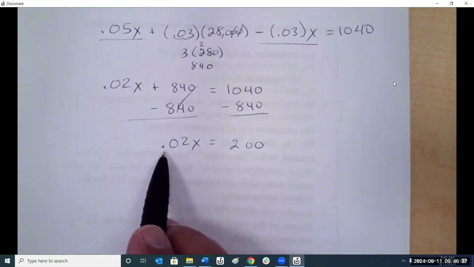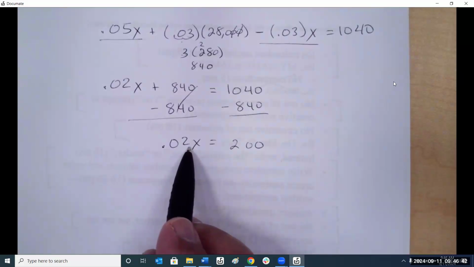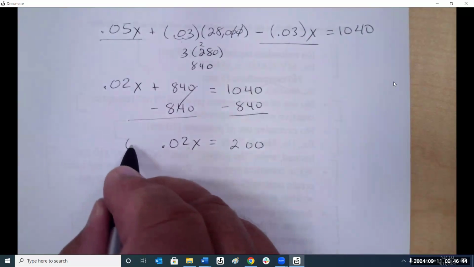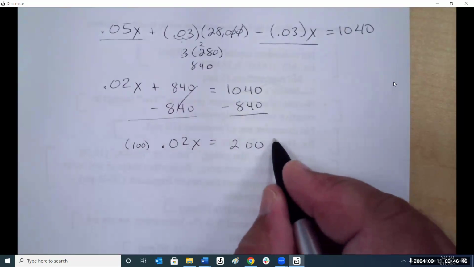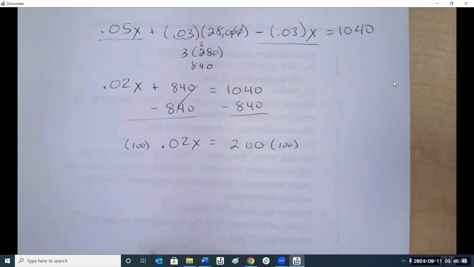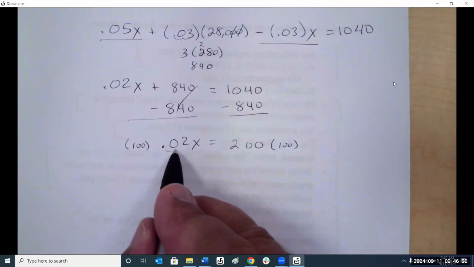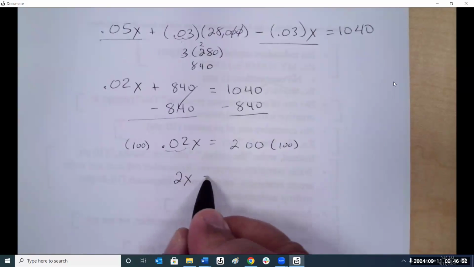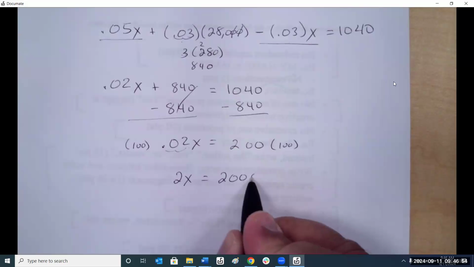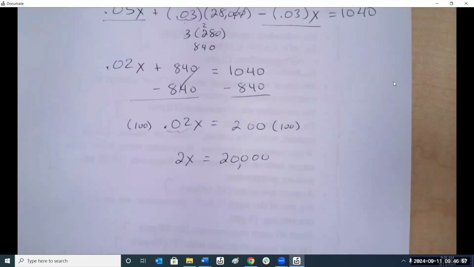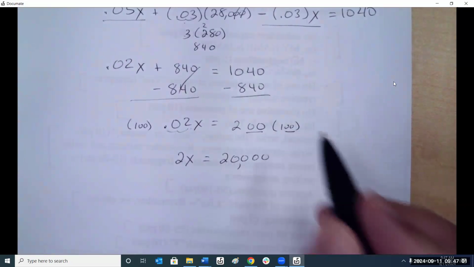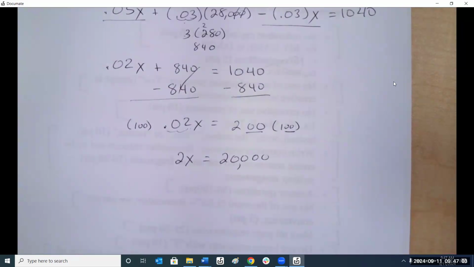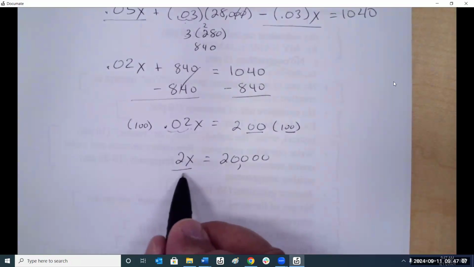How do we get rid of the decimal in this one? If we multiply by 100, that moves it 2 decimals to the right. So if we multiply both sides by 100, we have 2x equals 20,000. We have 2 zeros there, we add 2 more zeros. Divide by 2.